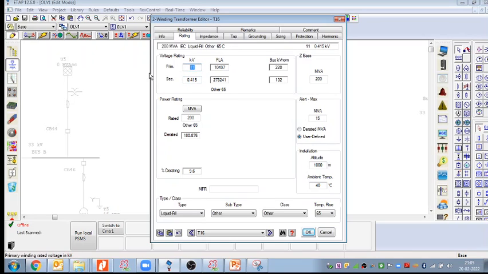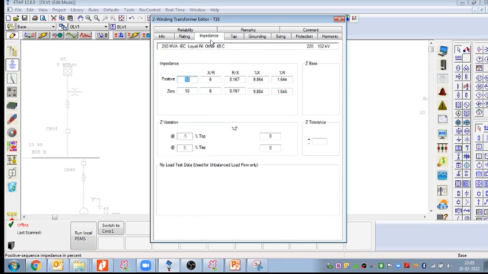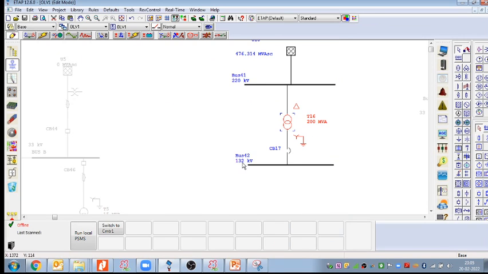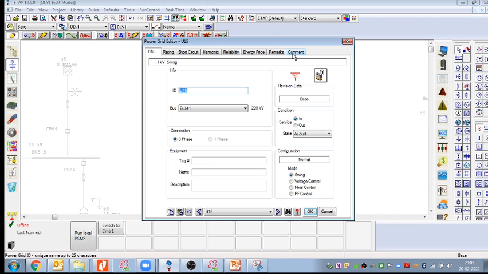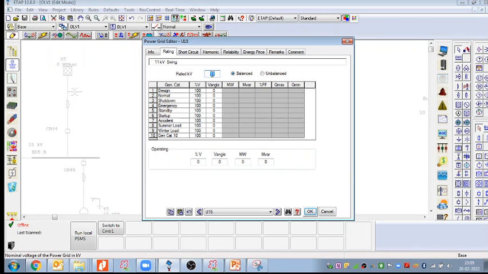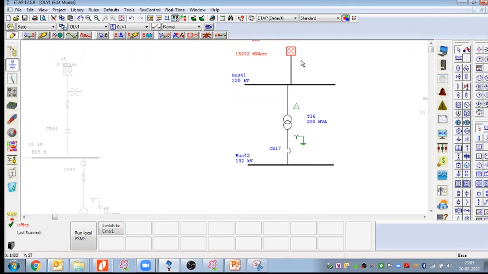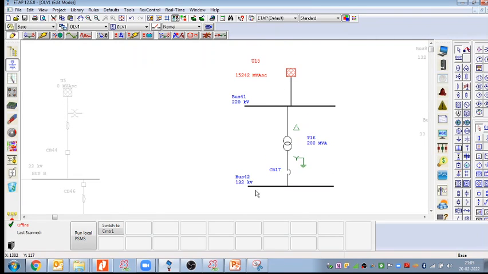This is 220 kV. Please note down all the things, otherwise there might be a mistake. Impedance, let me go to the typicals. 220/132 kV. This one again 220 kV. Short circuit, let me take 40 kA for this grid, and then 220 by 132 kV, and let us do the fault current calculation.